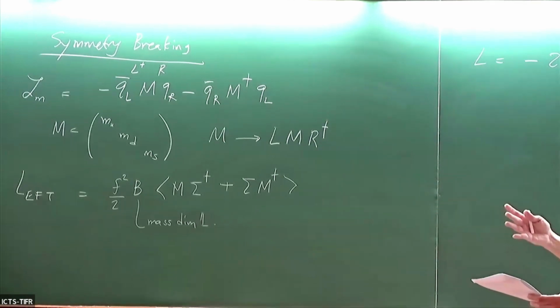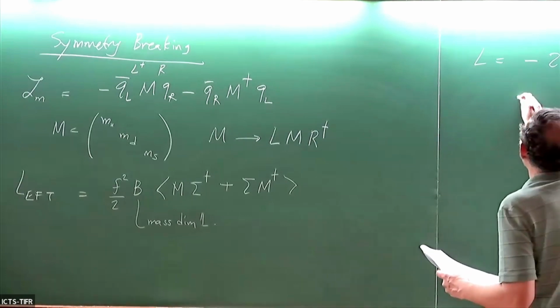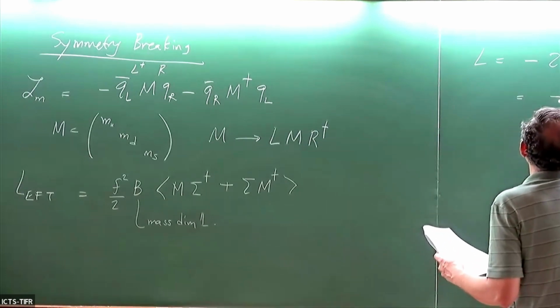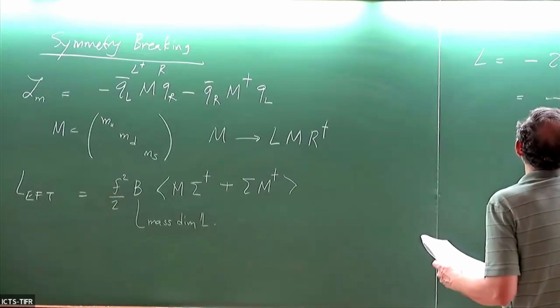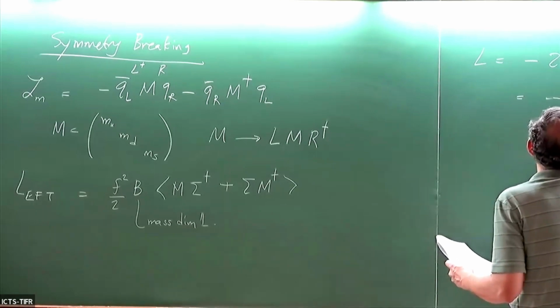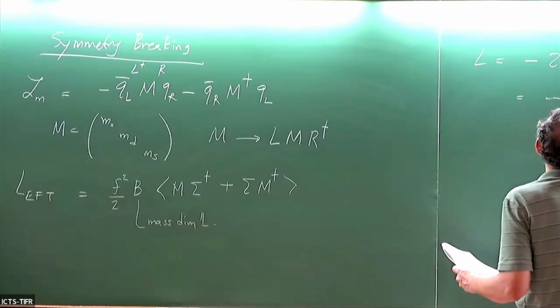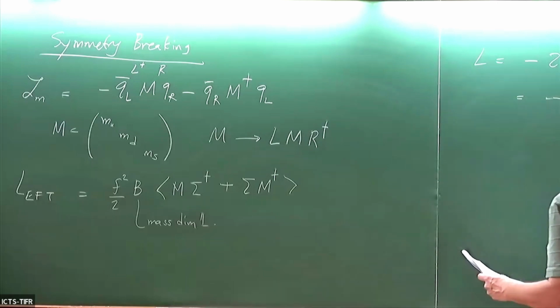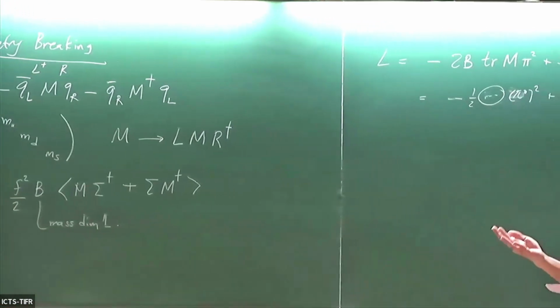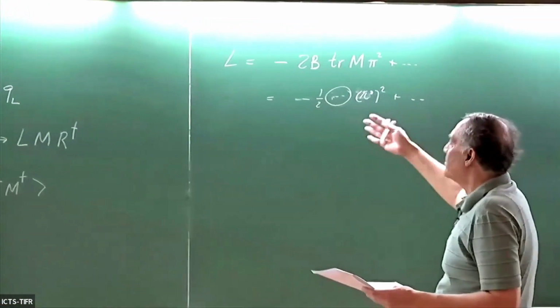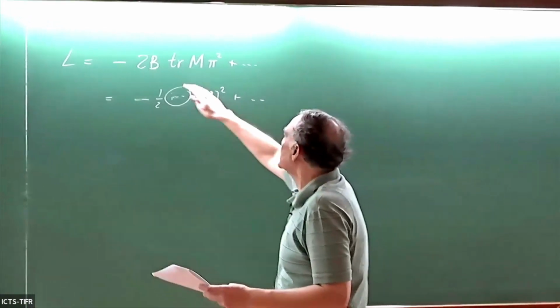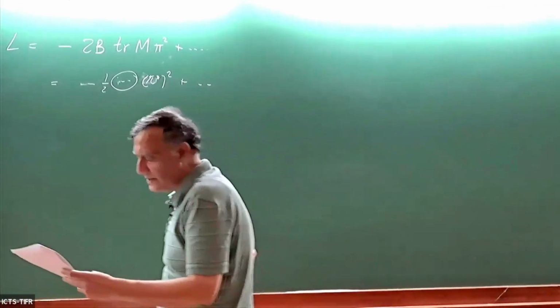And you can read off, so you'll get terms which are like minus a half something pi 0 squared, etc. And then whatever is in front of the pi 0 squared, that's the mass of the pi 0, or m squared of the pi 0. And you'll get terms which are eta squared, pi plus, pi minus, etc. So you just do the trace and you can read off what everything is.